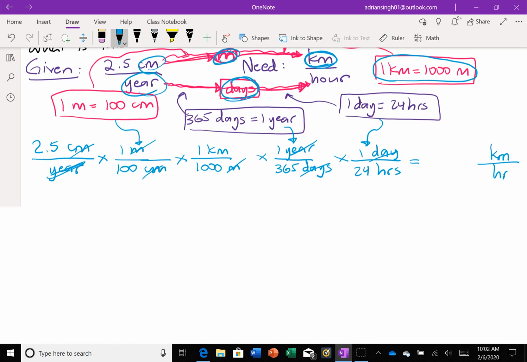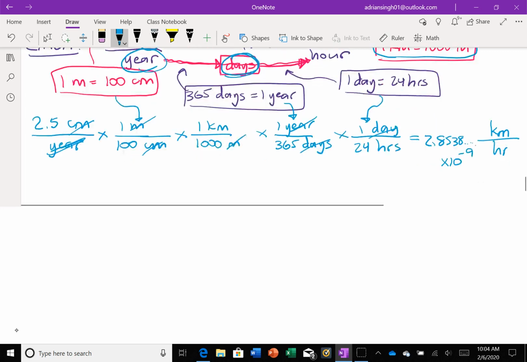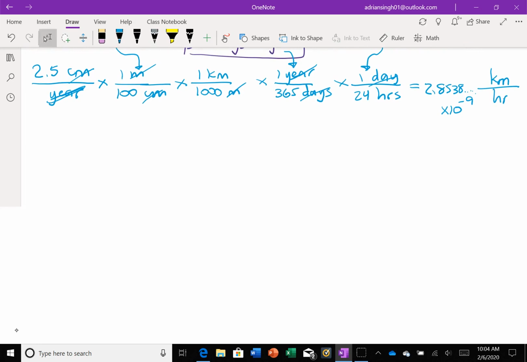All I have to do is evaluate this using my calculator. When I plug that into my calculator, I end up with 2.853 and the numbers go on for a long time, times 10 to the negative 9, and that's kilometers per hour. So that's my calculator answer.